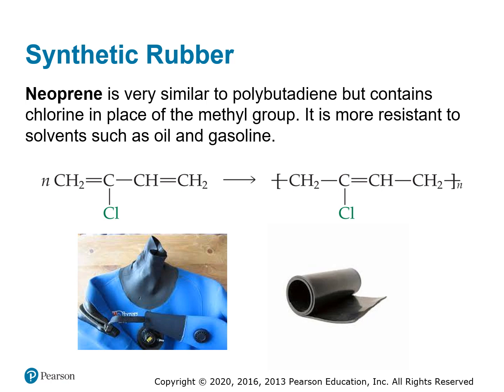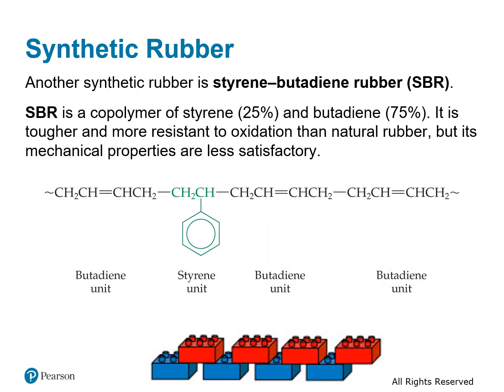And notice it's similar to polybutadiene, but it contains a chlorine here, and that makes the special properties of neoprene. Another synthetic rubber is styrene butadiene rubber, and again, this is another example of a copolymer.